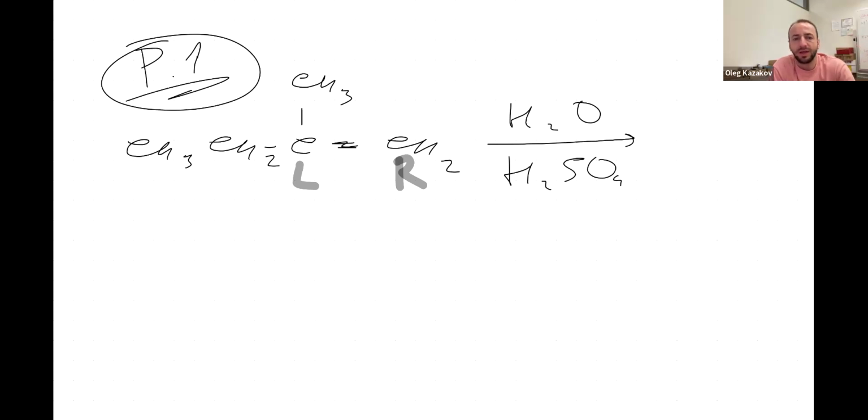If we look at this structure, we can clearly see that the left carbon has 0 hydrogens, the right carbon has 2 hydrogens. Consequently, the hydrogen from the water will go to this carbon. So OH, which is O and H, will have to go to the left carbon.